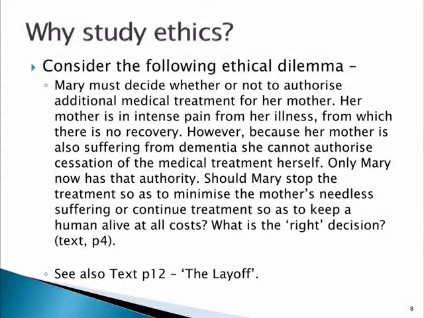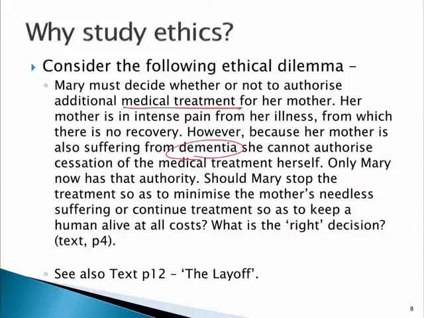Mary is making a personal decision about whether to get additional medical treatment for her mother, who's suffering a lot of pain. But her mother has dementia, so her mother can't make the decision for herself, and Mary has to. We often have a power of attorney that we put in place legally to help us make this decision.